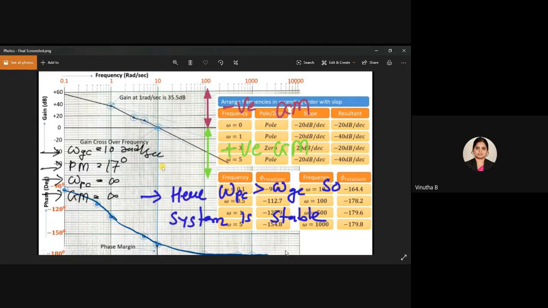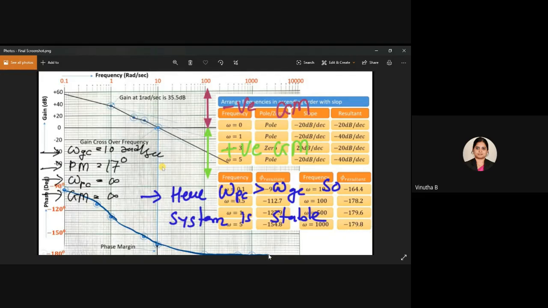Okay, and you can see, I don't know whether you're able to see this at the end, it is not touching the 180-degree line because the maximum is minus 179.8.